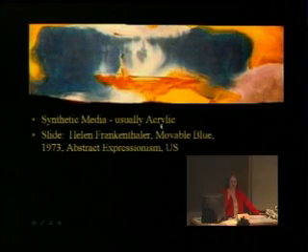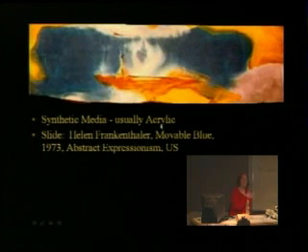Today, mostly the synthetic media consist of acrylic paint. That's usually what's used. It's what's also called latex when you buy house paint, for example. Acrylic or latex paint has a plastic polymer that is the binder for the pigment.